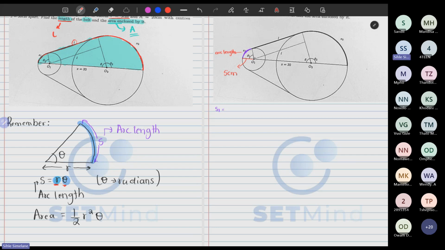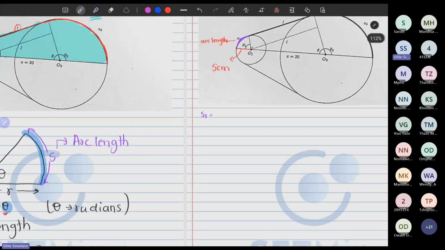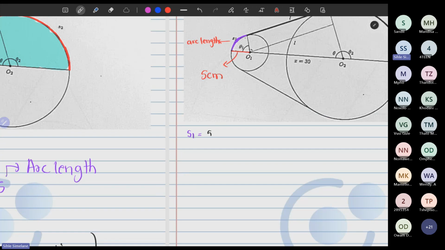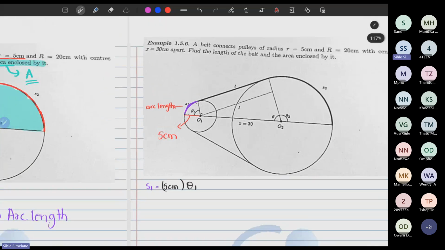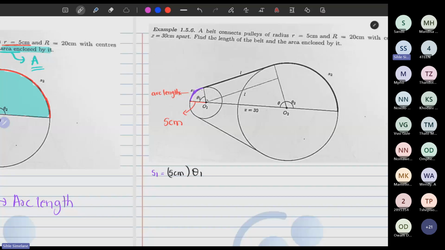So our S1 will simply be our radius, which is 5 centimeters, multiplied by our angle, which is theta 1. We will figure out what theta 1 is after some time, do not worry. So our S1 will be 5 theta 1, and the length will just be in centimeters. So that will be 5 theta 1.